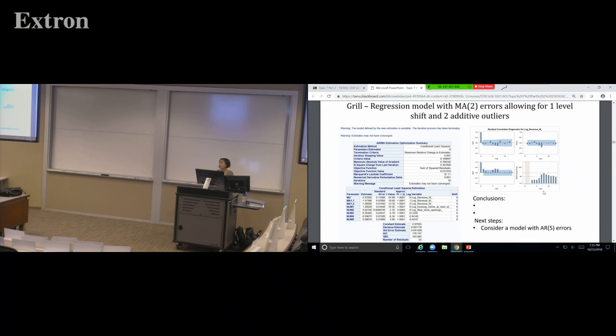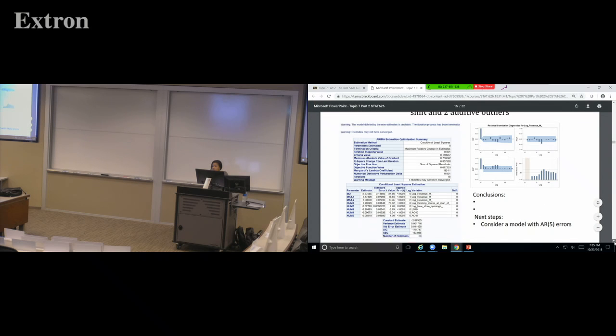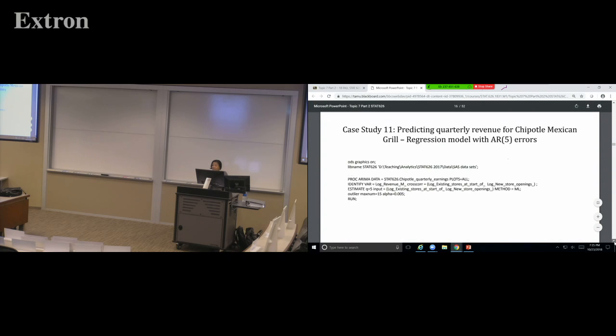So we now need to investigate a different model for our errors. The number 1 model by AIC that the ARIMA model group told us to use, once we add in the outliers and the level shift, gives residuals that don't appear to be white noise. So we go back to the drawing board. Let's rerun in SAS.